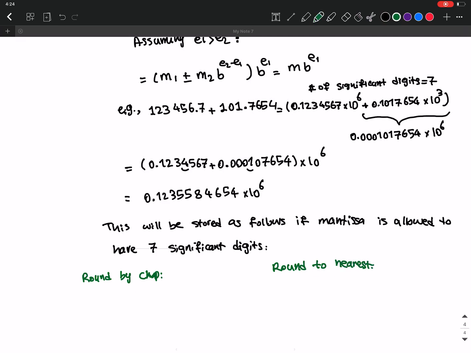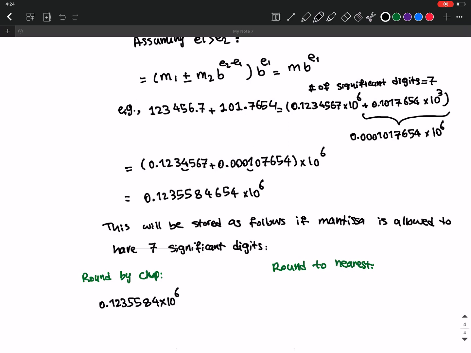Okay. So chopping is like you have 1, 2, 3, 4, 5, 6, 7. So we are gonna just chop whatever it is after that. So we are gonna just chop these numbers, okay, and get rid of them. So this is the chopping. So let me write, if we do chopping, what's gonna happen? It's gonna have 1, 2, 3, 5, 8, 4 times 10 to the 6. And if we do round to nearest, we are gonna round it.